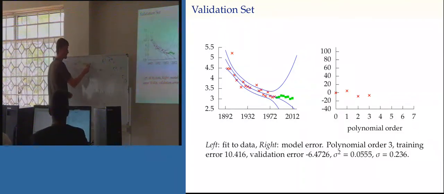Now, if I say something's 5 standard deviations away from the mean, then that is 5 times sigma in this thing here, all squared, divided by 2 sigma squared, yeah?